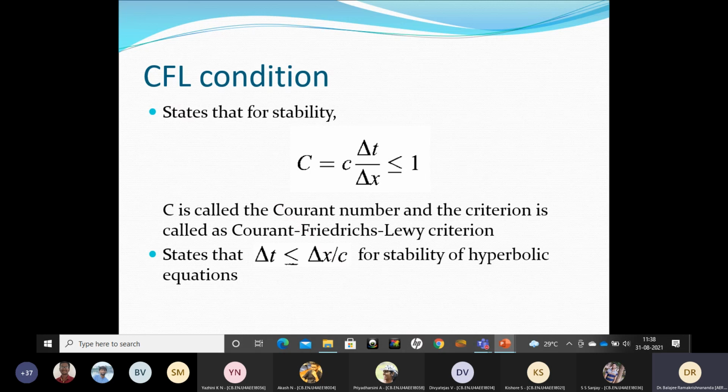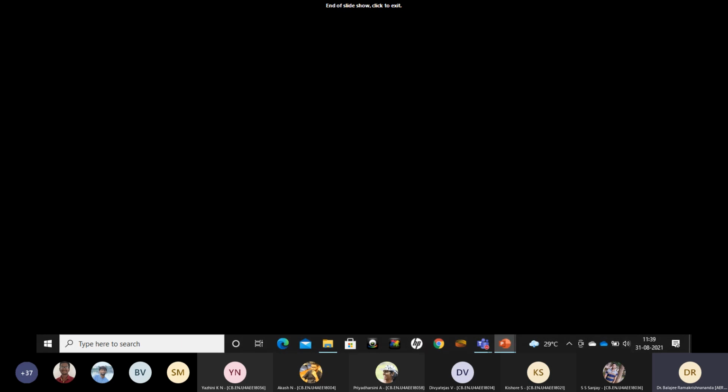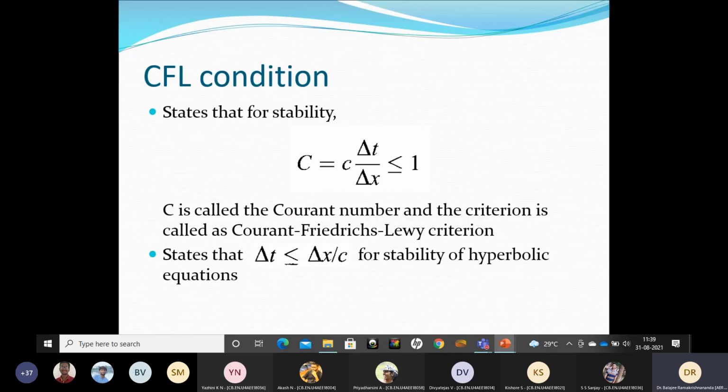Now from equation to equation, you cannot keep doing this analysis, right? The value of c in practice, you have to find by experiment, whether your equation is stable or not. Anyway, it is good to know by theory.